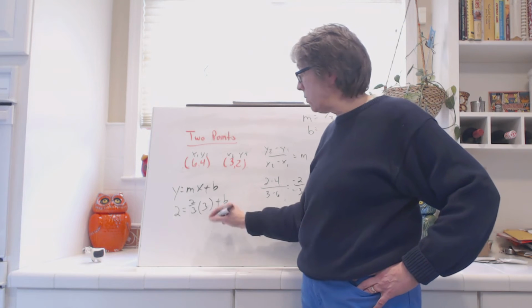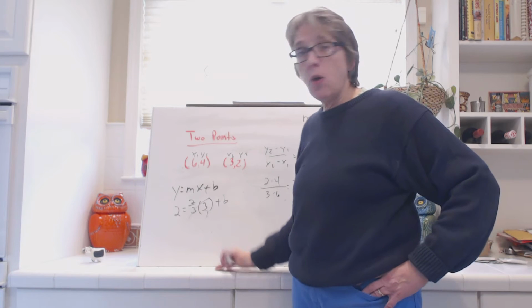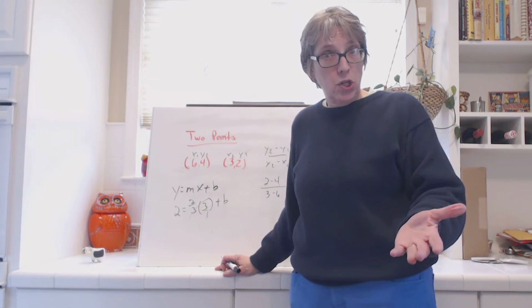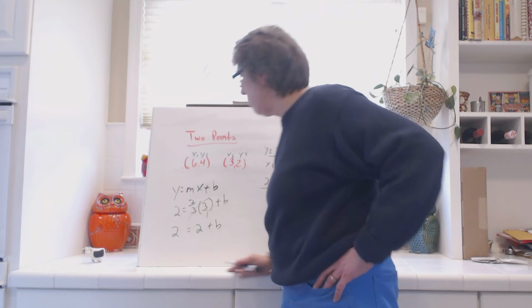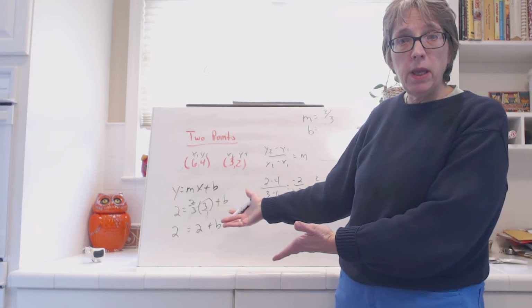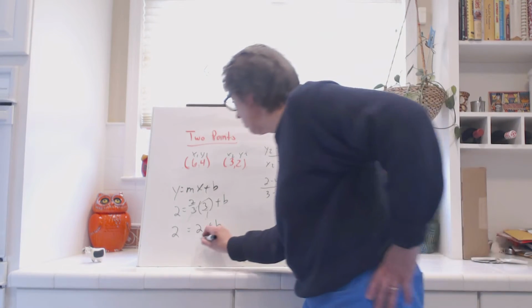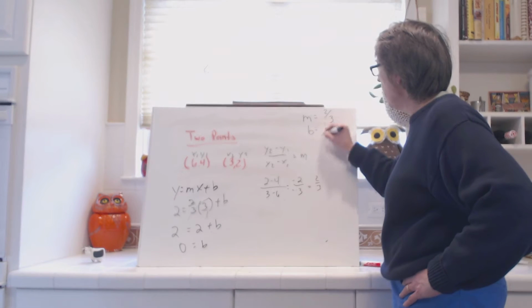Well, remember, this is 3 over 1, so the 3's cancel. Or you get 6 over 3, which is 2. So we get 2 plus b equals 2. Got it? So now we have to isolate the b. b is 0. Pretty easy. So we come up here and we write b is 0.